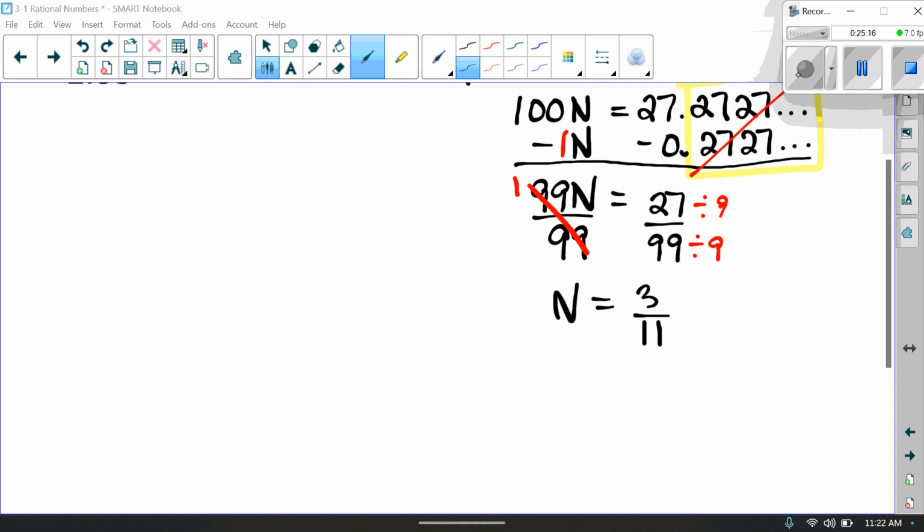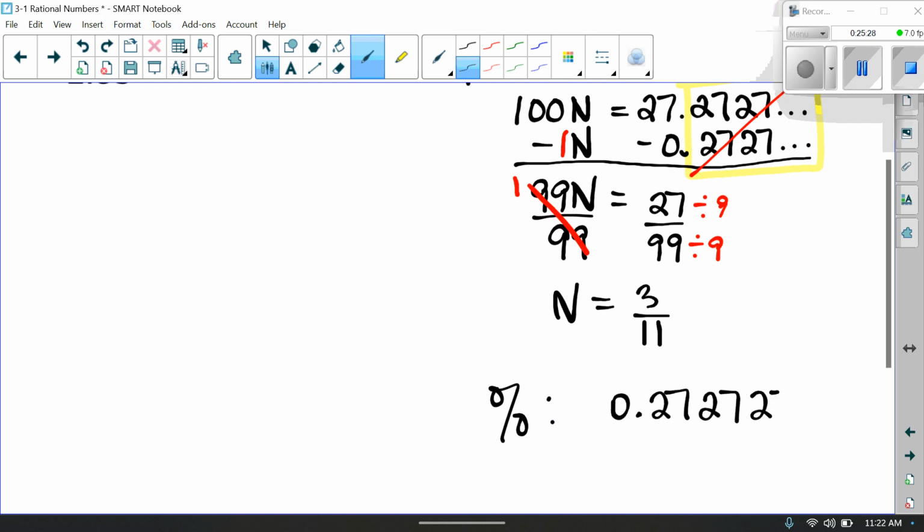So now the percent, you guys. We've got 0.272727 repeating, right? How do I change a decimal to a percent? Times it by 100, or just move the decimal 2 places to the right.